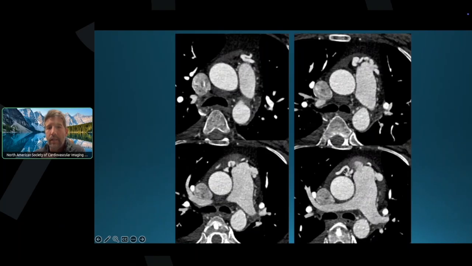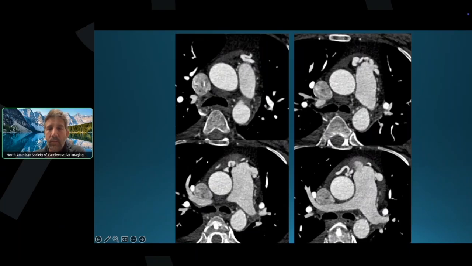One you can see is extending to the region of the RCA. I don't know if I have another image coming up or not. Here you have an aneurysmal portion of this weird looking vessel. And as they approach the wall of the pulmonary artery, here you can see that there's no wall of the pulmonary artery.